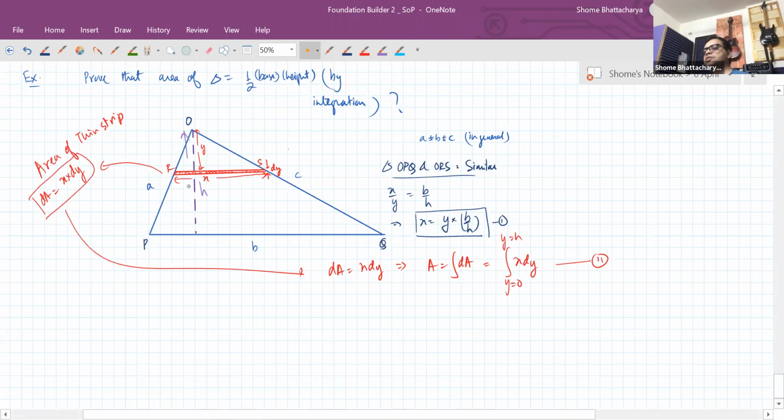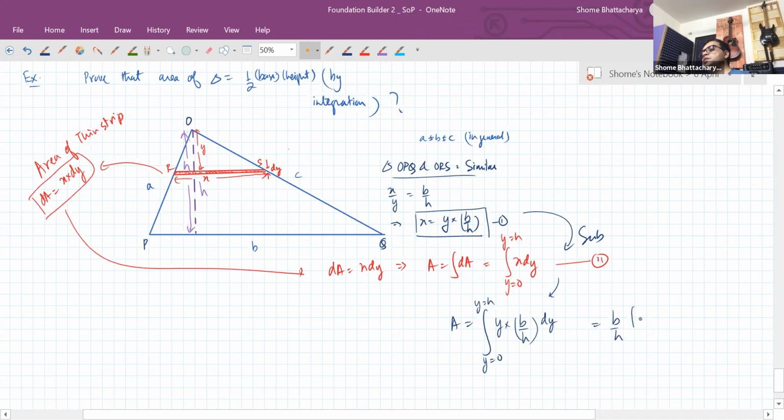So hope this calculation that we are doing is clear to all of you. This is that h, the total height. Now just substitute this in this equation. So this becomes the integration of y into b by h dy, integrated from y equal to 0 to y equal to h.